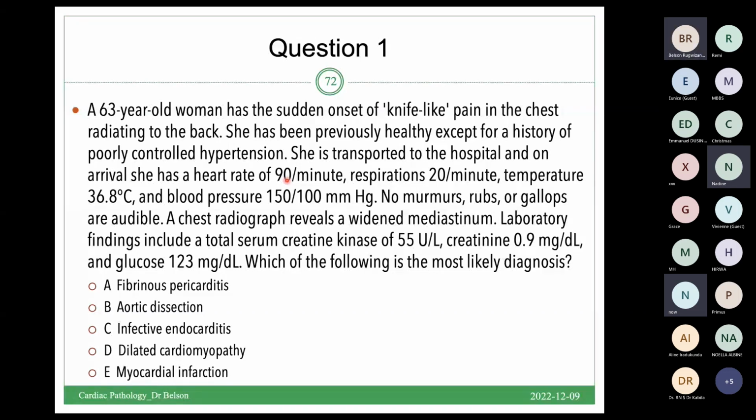Laboratory findings include serotonin, creatine kinase CK, which we saw earlier, and creatinine, which mainly concerns the kidneys, and glucose, which is normal. Which of the following is the most likely diagnosis?